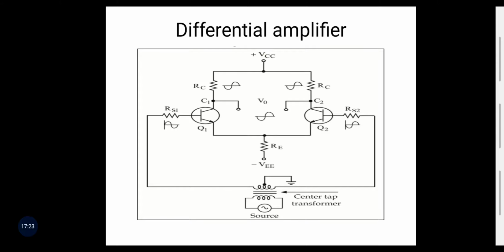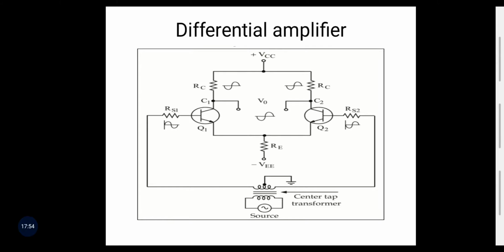So they have the same characteristics. They share a common positive voltage VCC, common to both Q1 and Q2, and the emitter resistor RE is common to both transistors, and here we supply the negative voltage minus VEE.